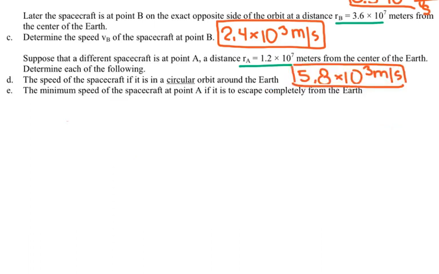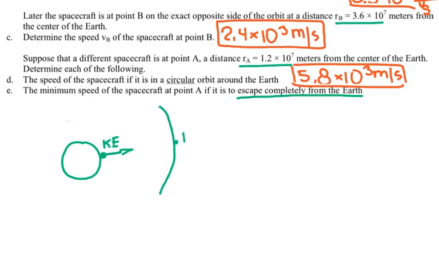For E, they ask you the minimum speed of the spacecraft at point A if it is to escape completely from the Earth. So I'm going to explain to you escape velocity, how to derive it, and what it means. If I have an object on the surface of the Earth, and I give it some kinetic energy, this object will get to a certain height and lose all this kinetic energy to potential energy.